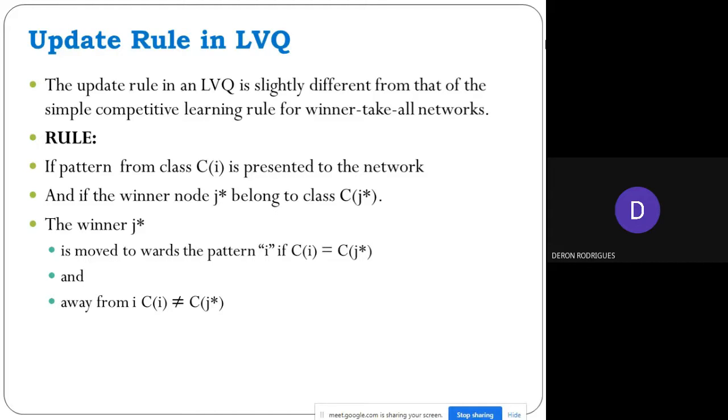Say a class 1 pattern is presented and winner node 1 produces the maximum output, then it is a positive weight update. If the pattern is from class 3 and the winner node is 1, then it is a negative weight update for winner node 1. We will go into the details of learning vector quantization. There will be a problem.